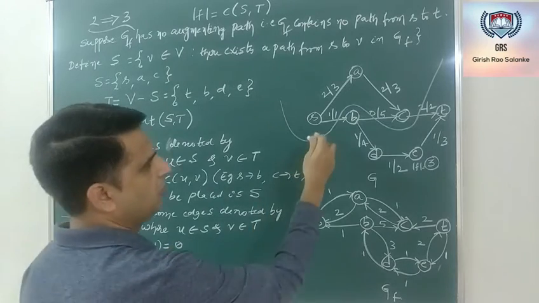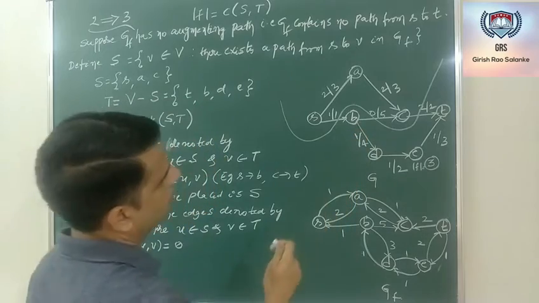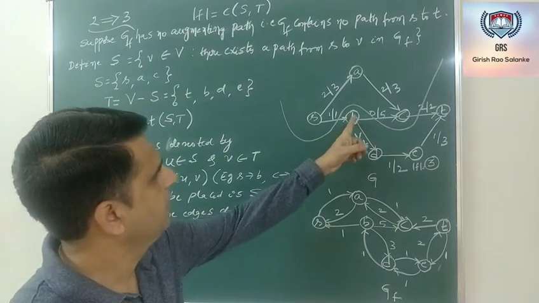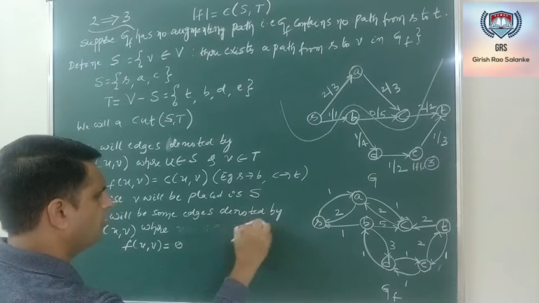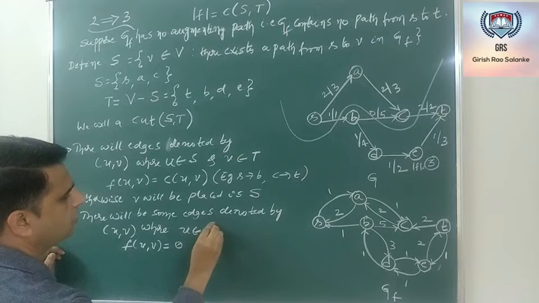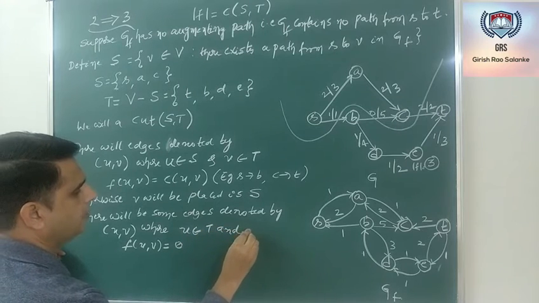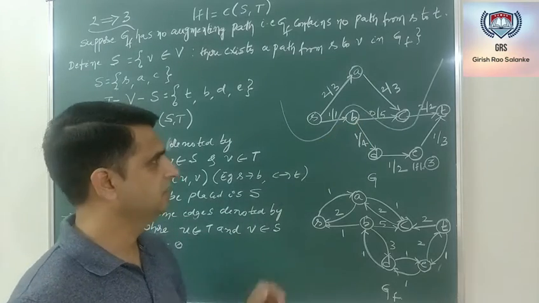So if you see, there is one more edge on this particular cut, BC, wherein U belongs to T and V belongs to S. This is the second thing.